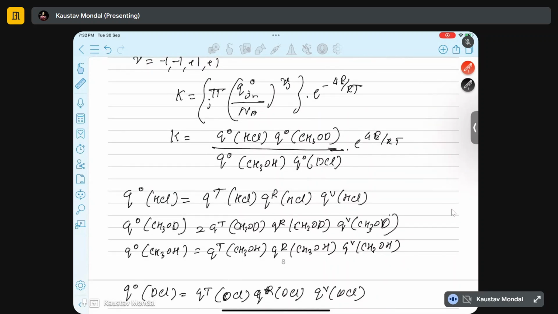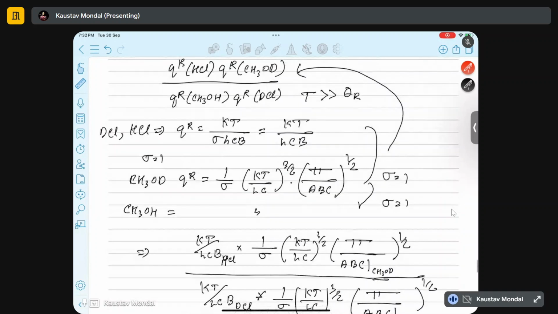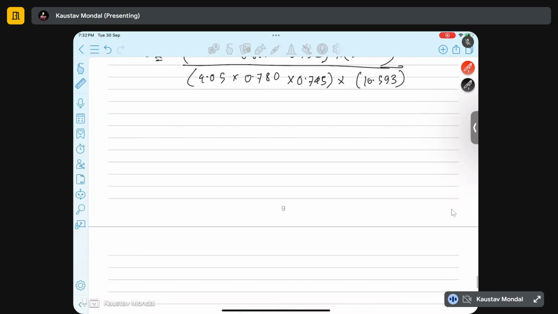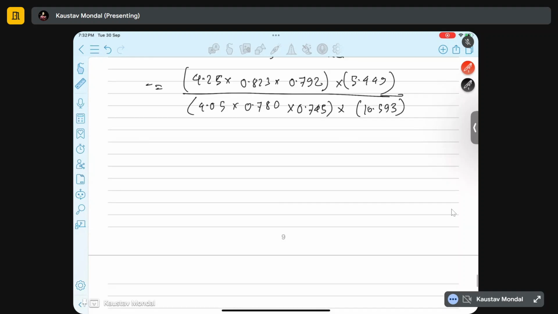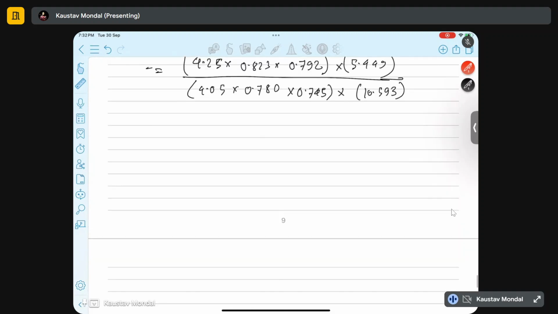Okay, so the next thing is the vibrational contribution. For vibrational, we know it depends on QV, which is basically a multiplication of all the vibrational modes.